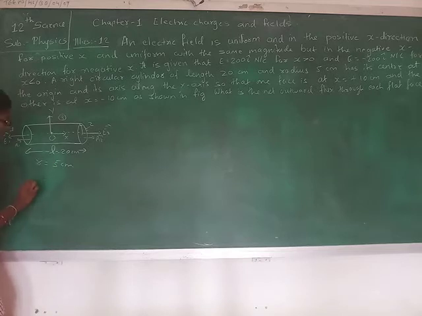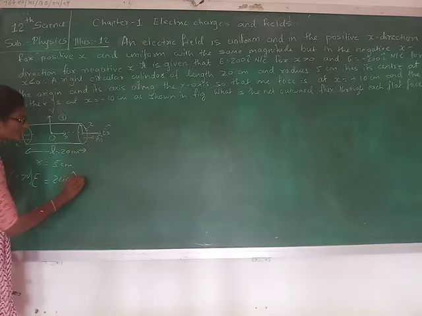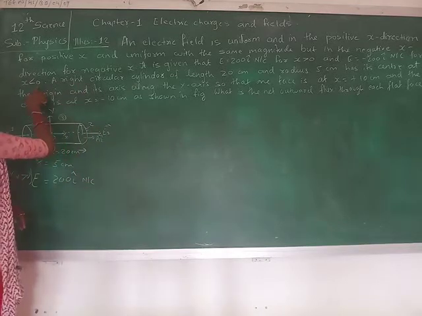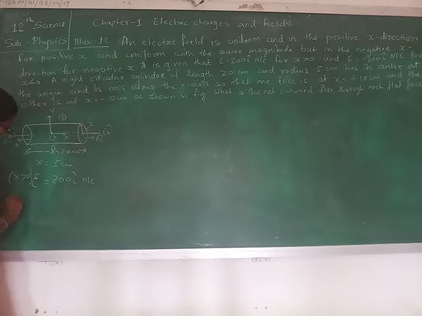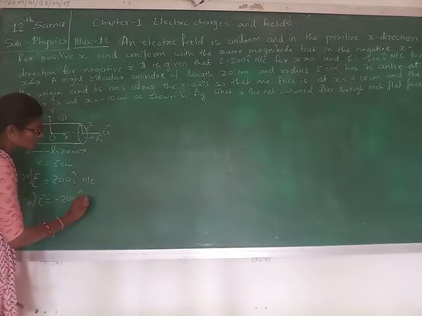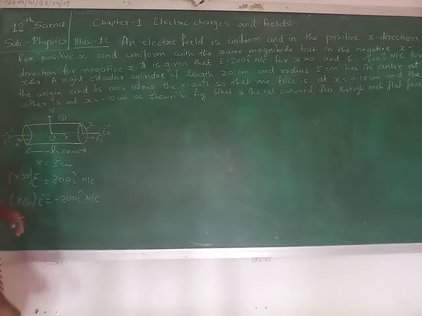So first of all let us write the data. E for x greater than 0 is 200 i cap Newton per coulomb. Then we have the data for x less than 0: E equals minus 200 i cap Newton per coulomb.